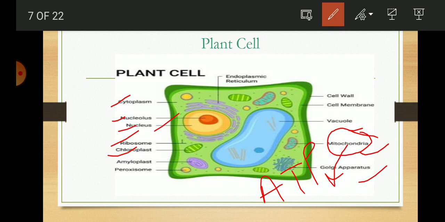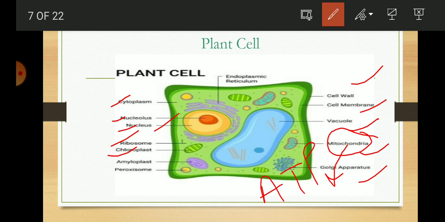Then we have vacuoles, students. The main difference between the plant cell and the animal cell is the vacuole. In the plant cell the vacuole is present and it is very large. It occupies more space in the plant cell, and thereafter there is the cell membrane and the cell wall.